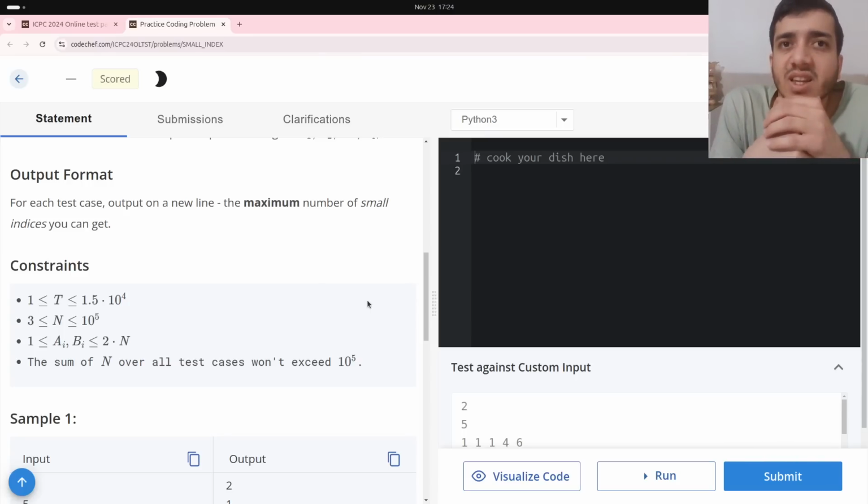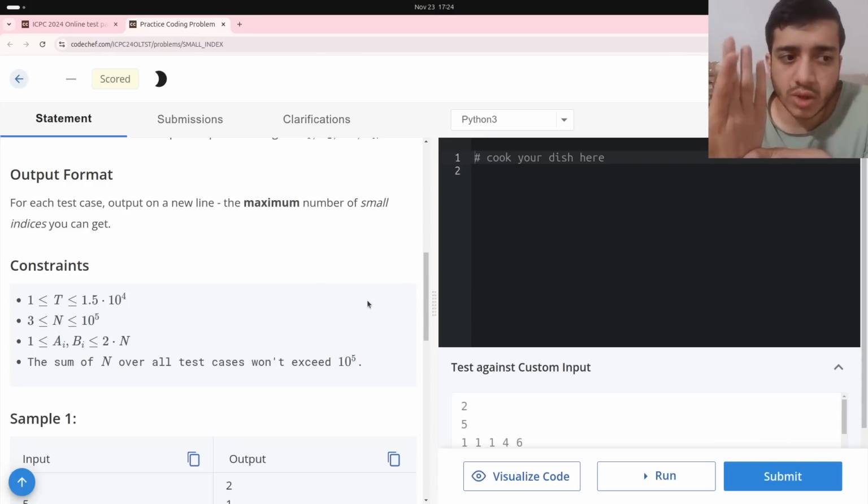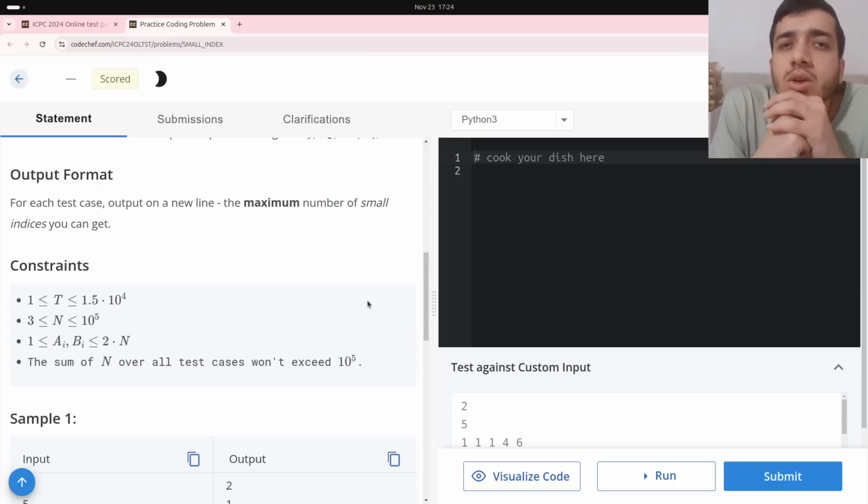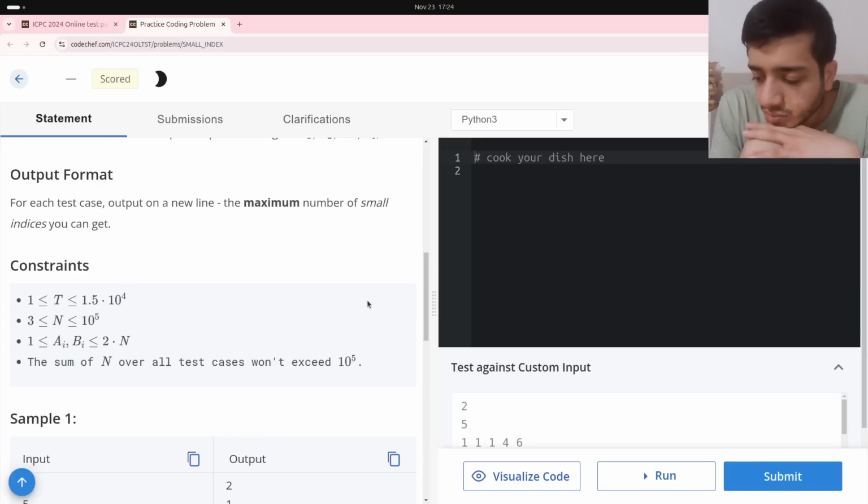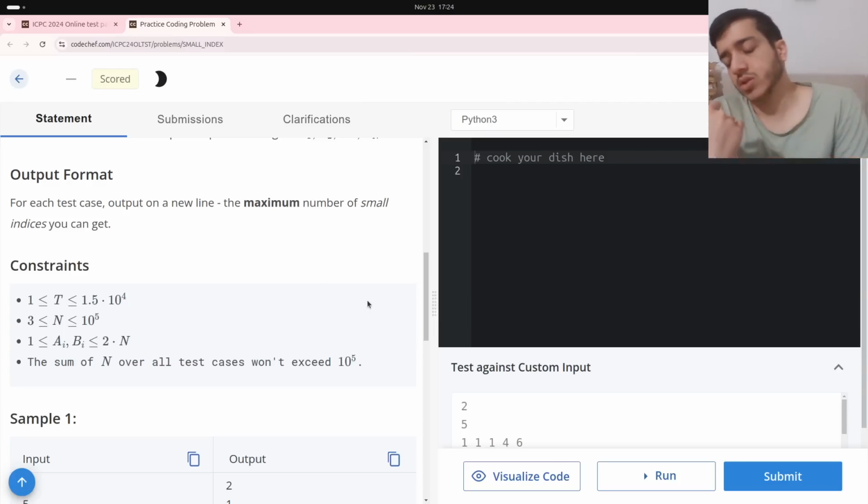So either we can increase the level or increase the small indices by one. So we need to pick here carefully. It's not easy.